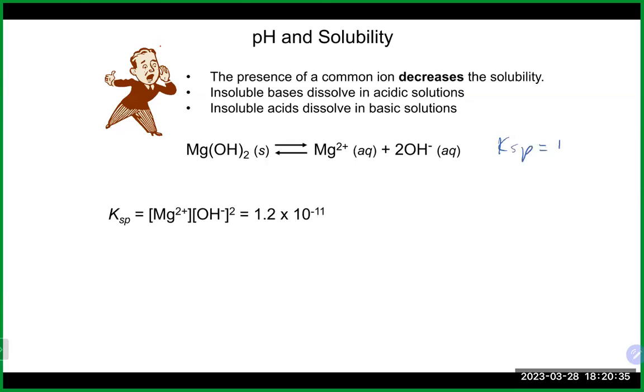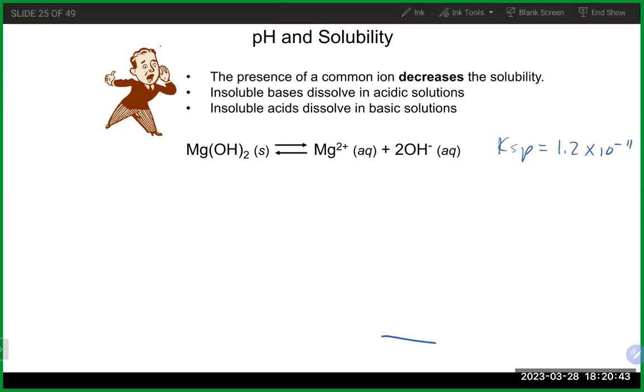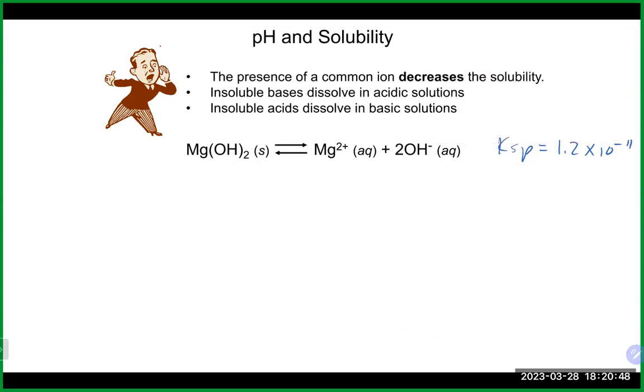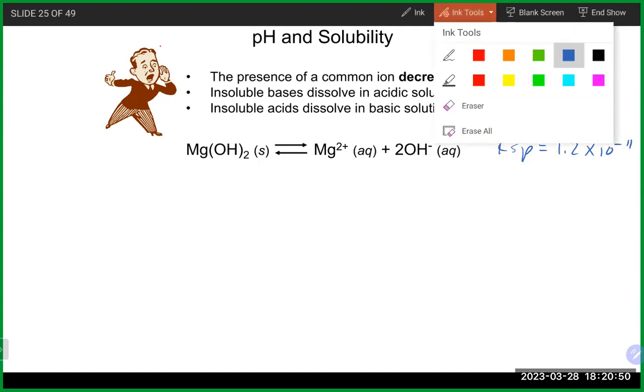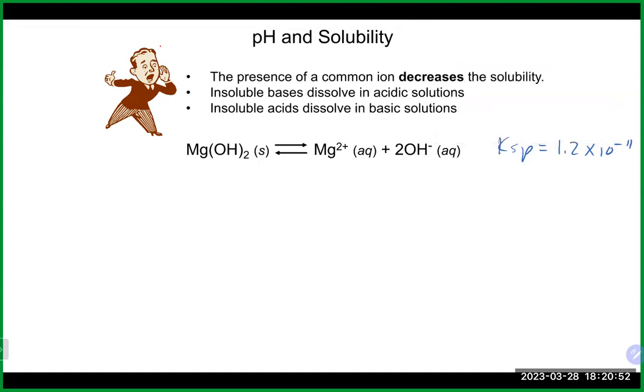and we got the Ksp there of 1.2 times 10 to the minus 11. All right, so if we were just to run through our solubility table here and figure out the molar solubility, again, initially here, this would be 0, this would be 0. Change would be plus s, plus 2s, once again, because of the 2.